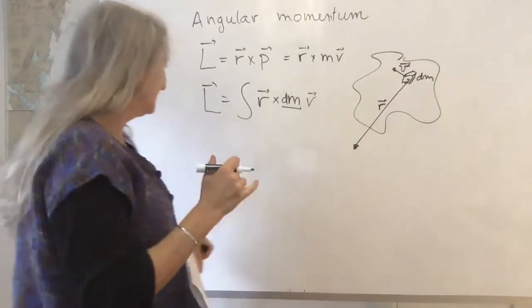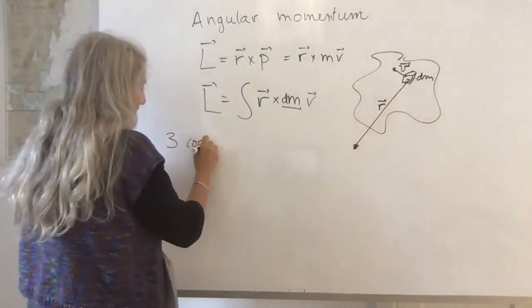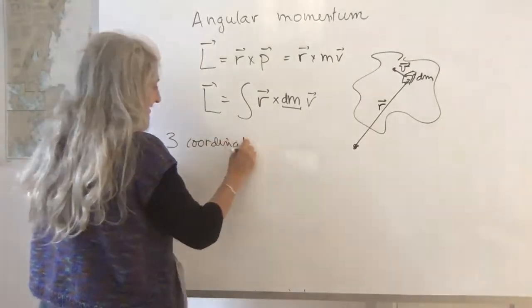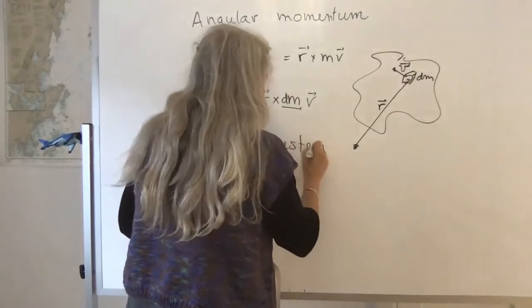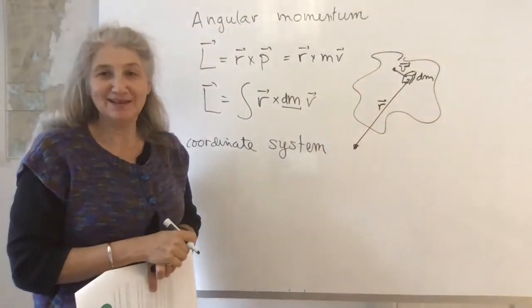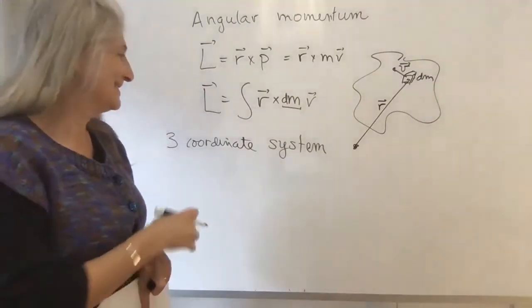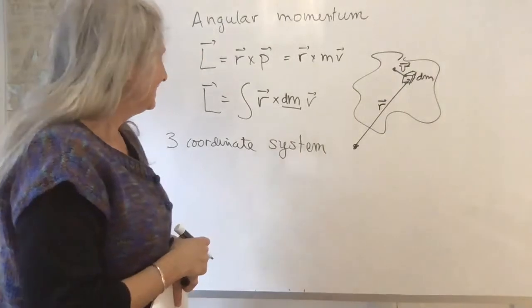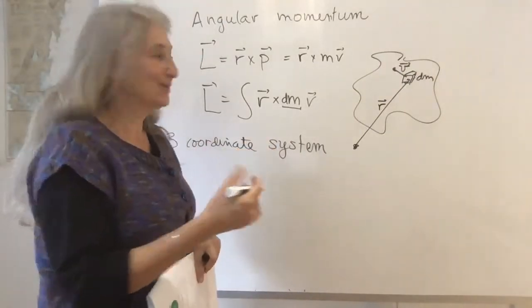So I'm going to define 3 different coordinate systems. And this is pretty typical of any spin dynamics problem, that you have more than one coordinate system to work with. So the first coordinate system will be an inertial coordinate system.